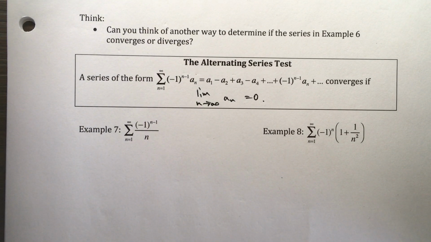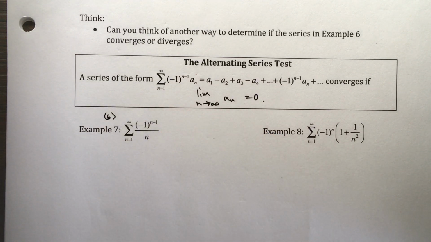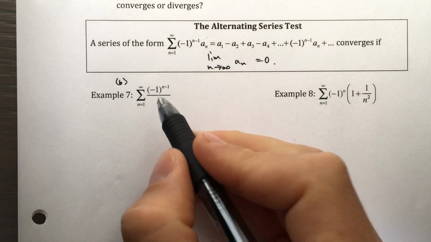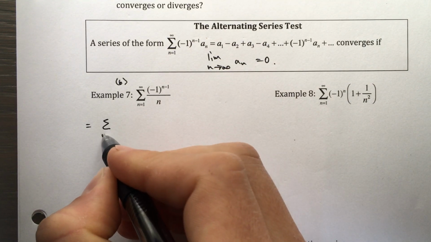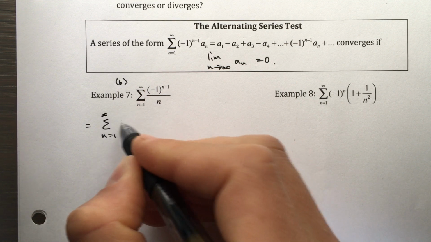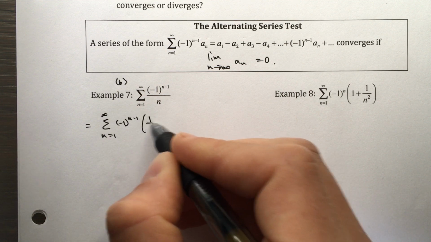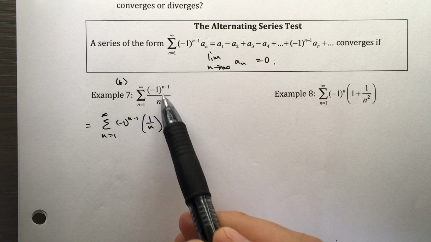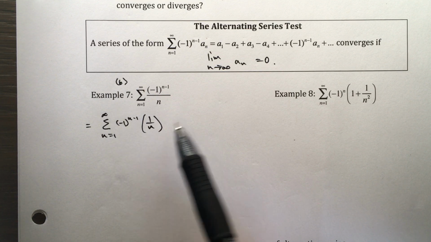So let's apply that to this example 7, which was also example 6 on the previous page, by the way. So basically, we have an alternating series. This is equal to the sum from n equals 1 to infinity of negative 1 to the n minus 1 times 1 over n, right? If I pull out the negative 1 to the n minus 1, I just have negative 1 to the n minus 1 times 1 over n.